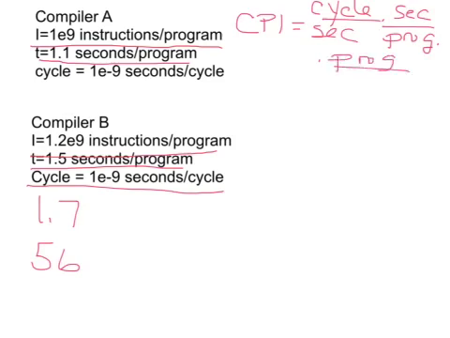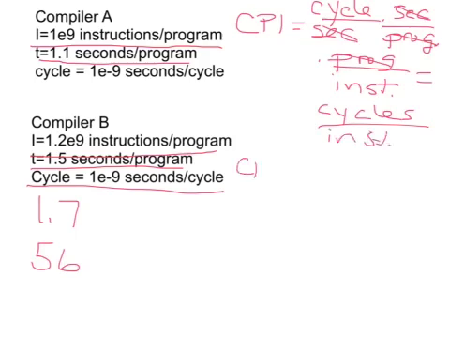So program on the top, instructions on the bottom. So we're going to cancel out program, seconds, and get cycles per instruction.